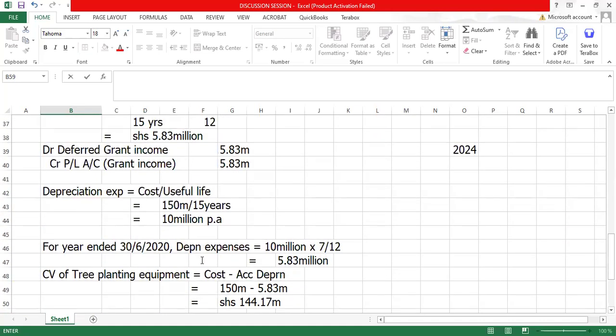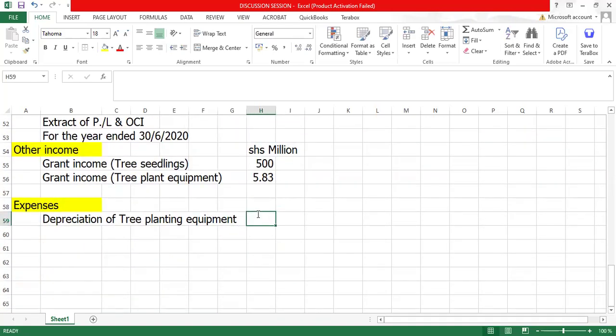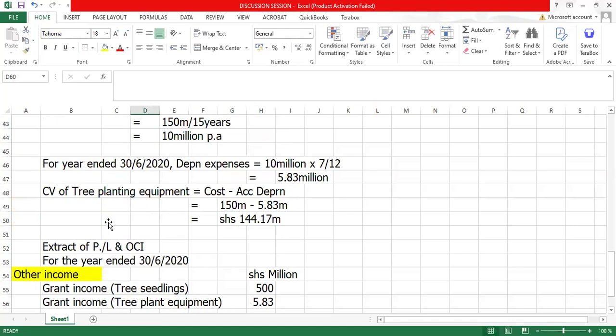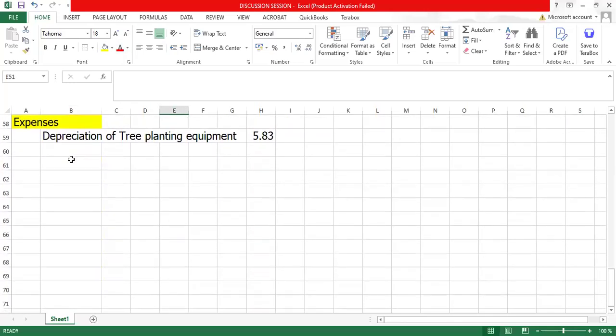And what was that depreciation? This one, 5.83. What else? We are done with that. We are done with extract of profit or loss.